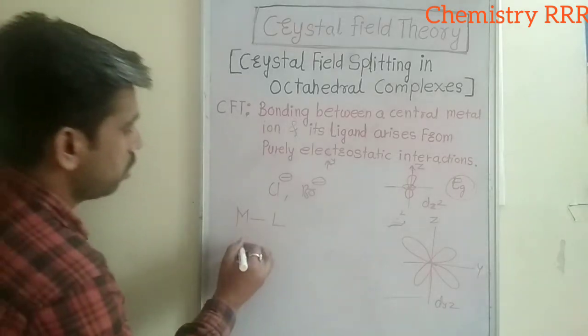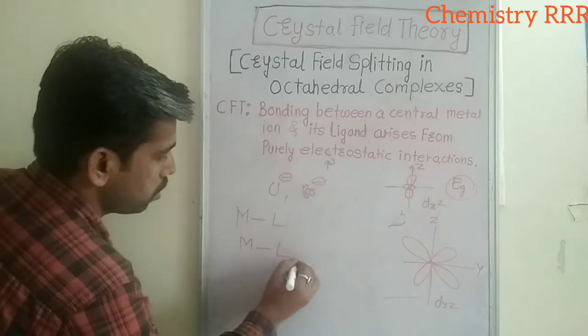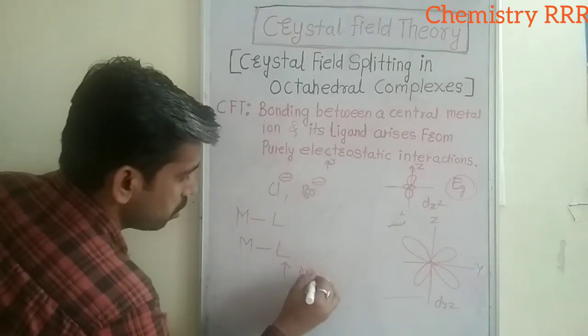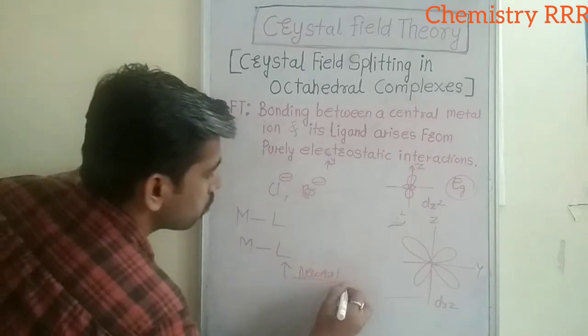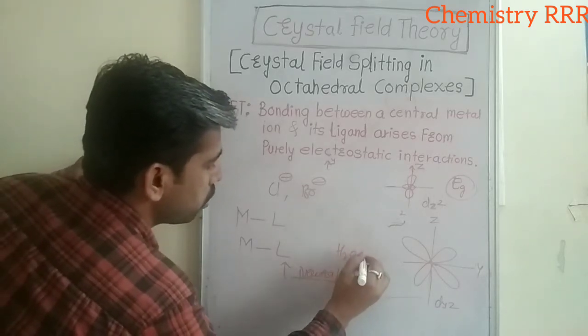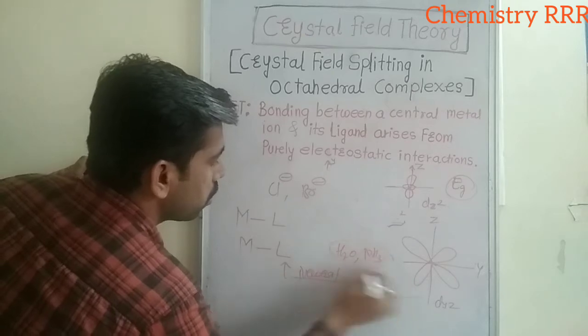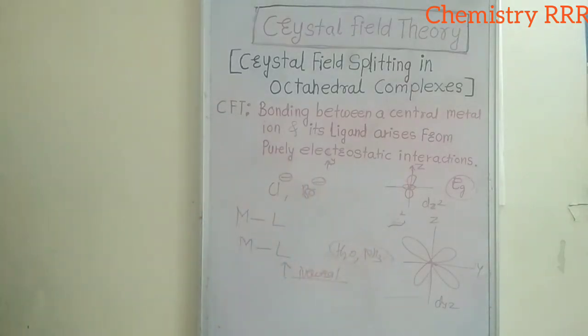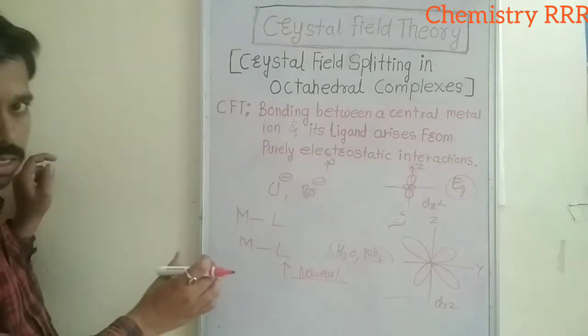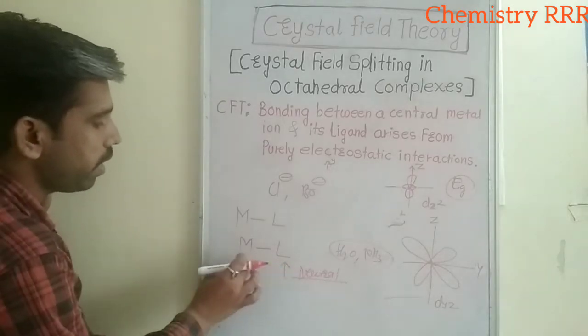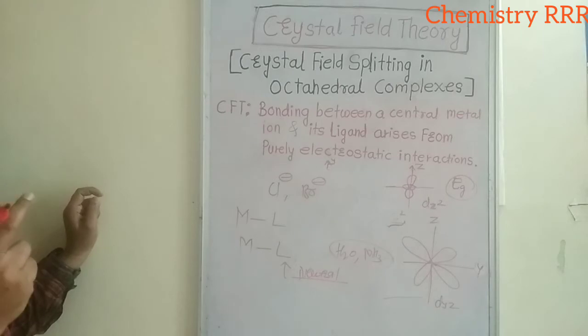But if the ligand is neutral in nature, like water, ammonia, then according to crystal field theory, there is a dipole-dipole interaction. The interaction between the ligand and metal is like a dipole interaction.